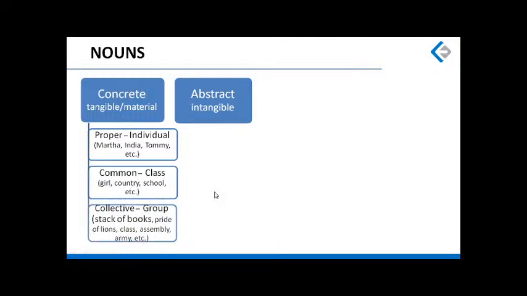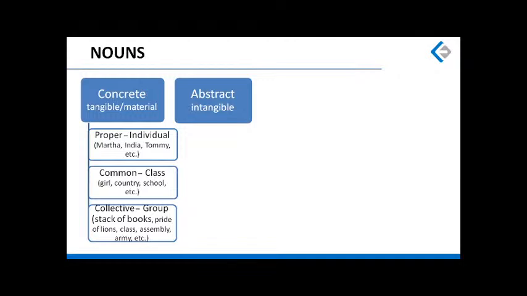The third case that is largely applicable to concrete nouns is the case of collective nouns. Collective nouns always refer to a group, a collection of nouns that are homogeneous, similar nouns. You can have a group of humans, a group of children, a collection of flowers, a collection of keys.